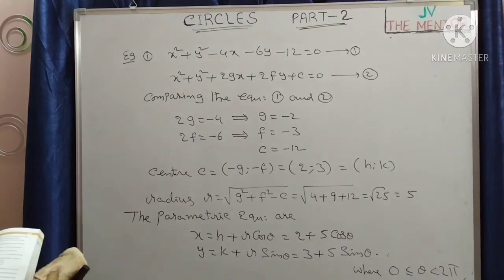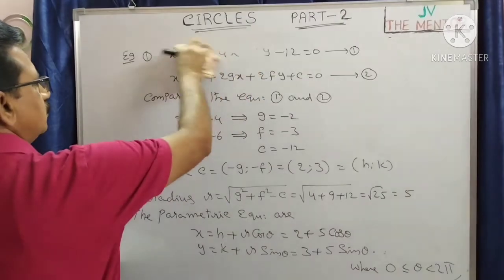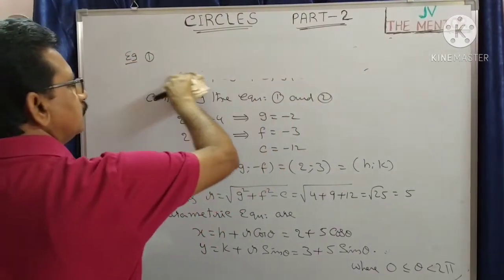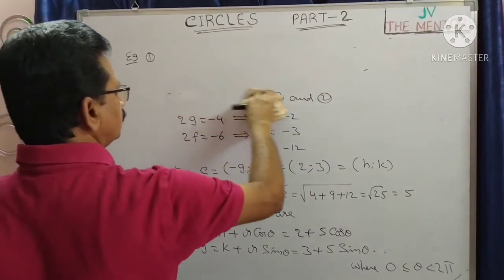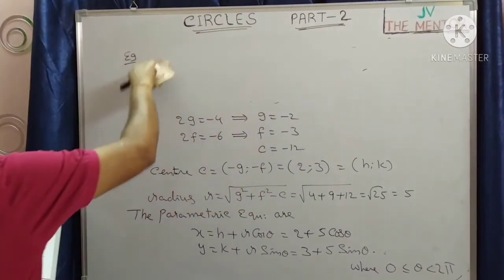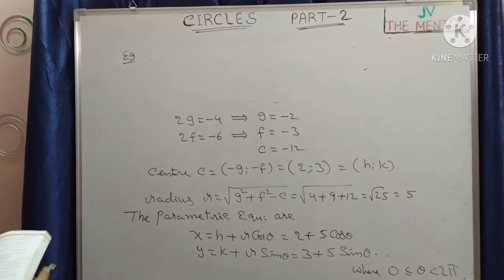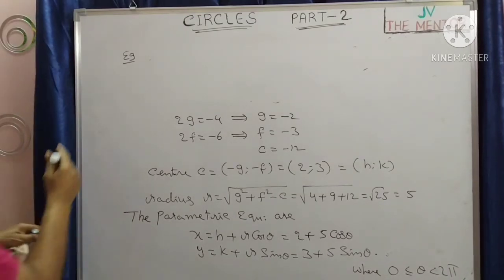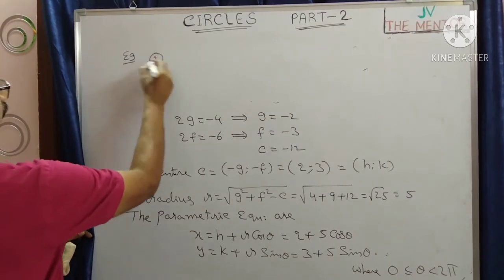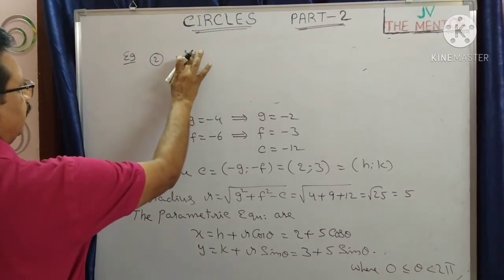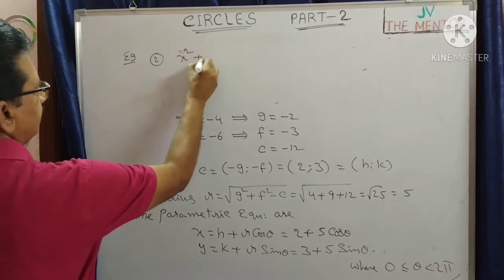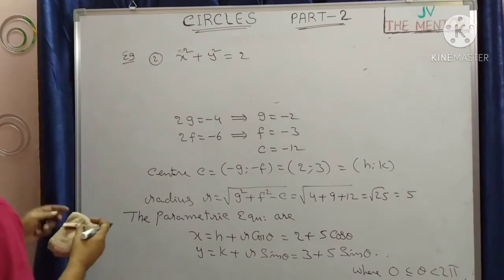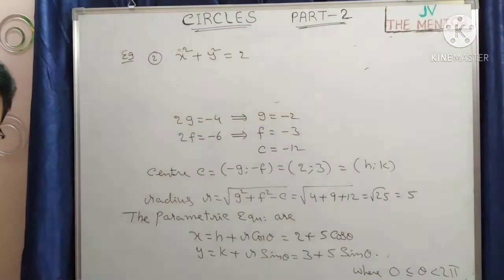Now taking another example. Example 2. x square plus y square equal to 2.